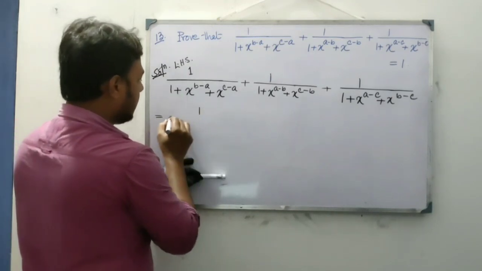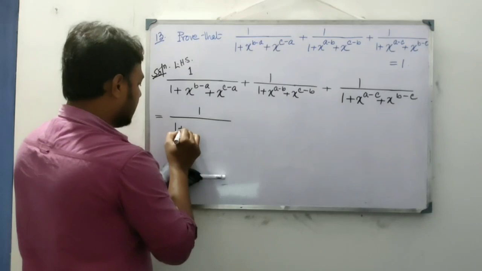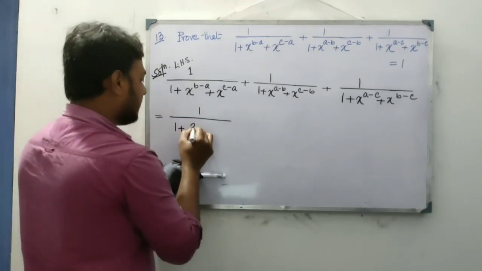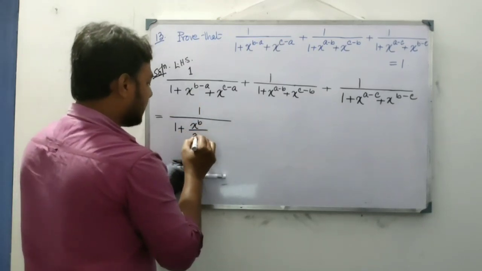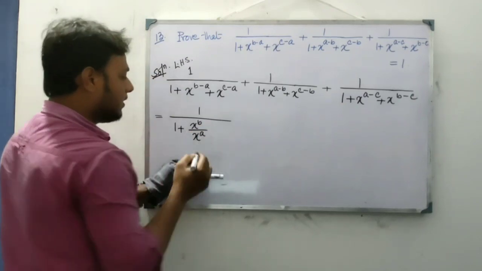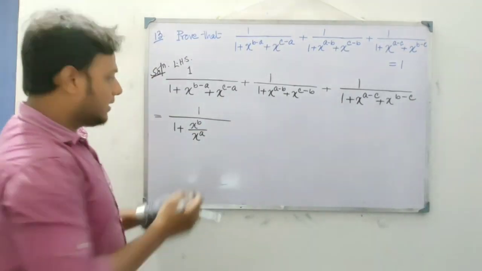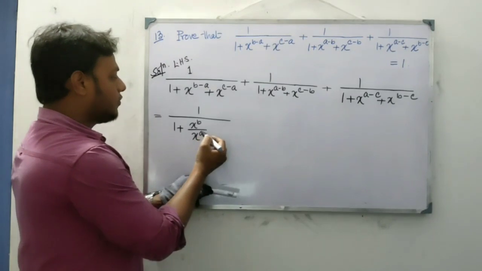Equals to 1 by 1 plus, in the place of x to the power b minus a, it can be written as x to the power b by x to the power a. Just remember the law of indices that in the case of division, the power should be subtracted.